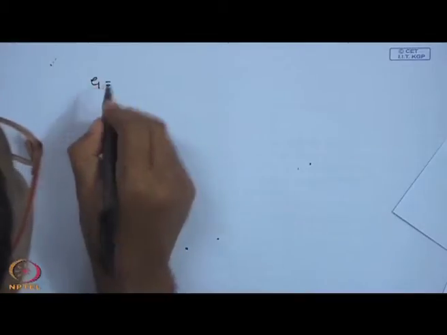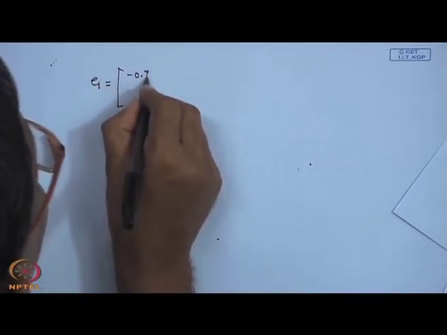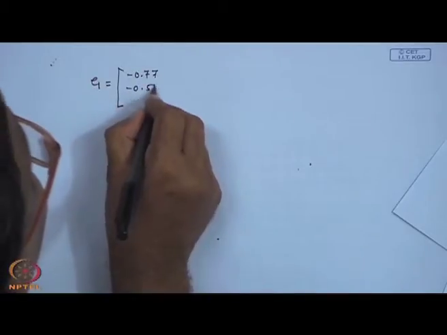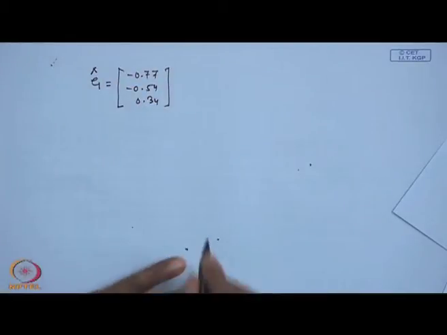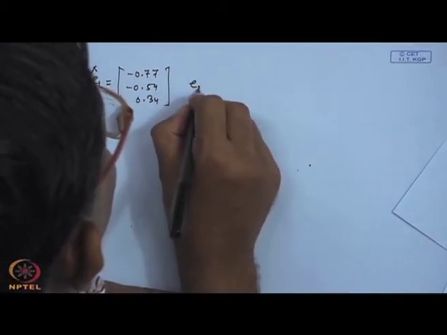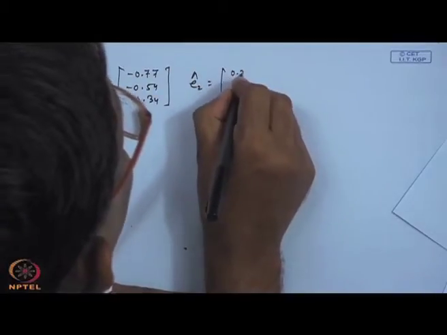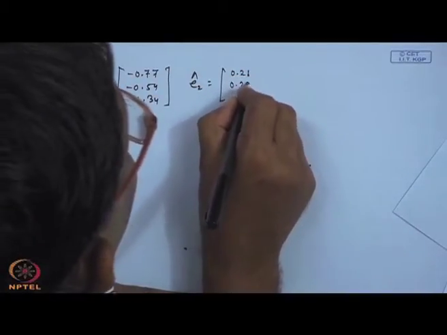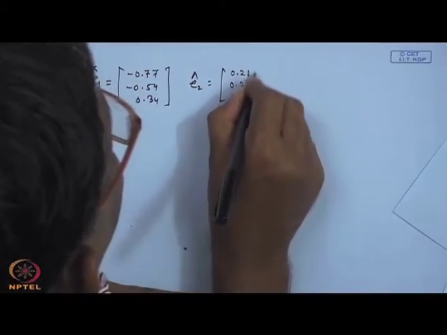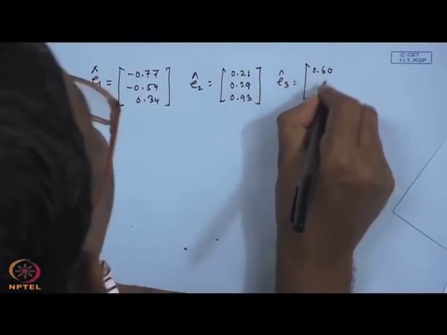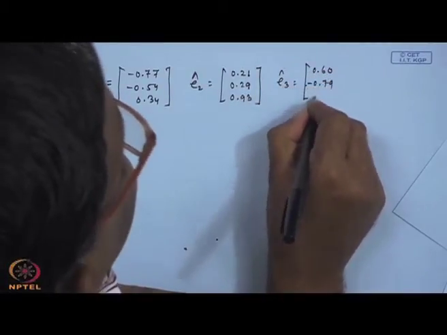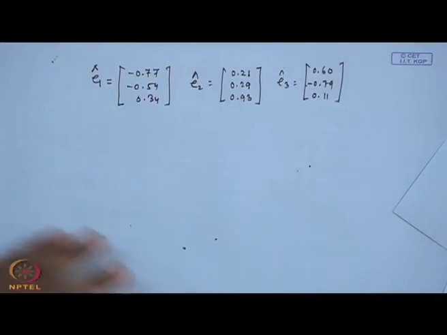So what are the values for your E1? We have solved. E1 values are minus 0.77, minus 0.54, 0.34. Then E2 cap is 0.21, 0.29, 0.93, and E3 cap is 0.60, minus 0.79, 0.11.